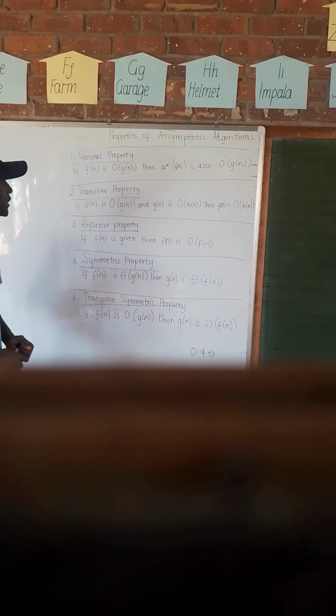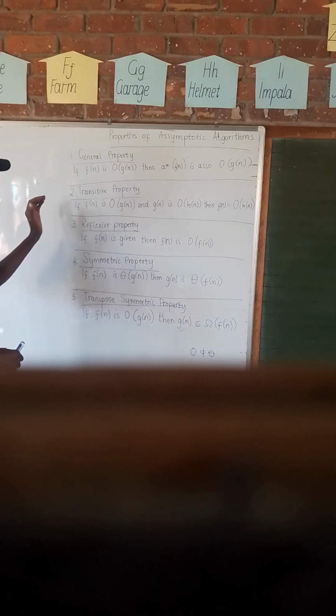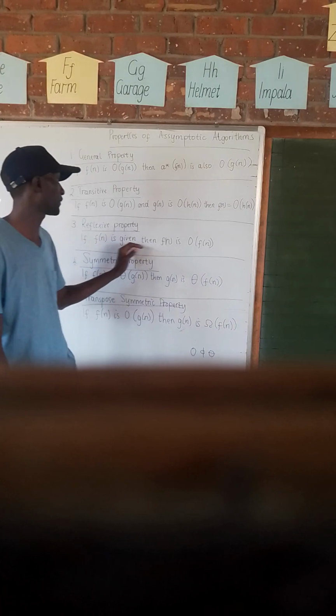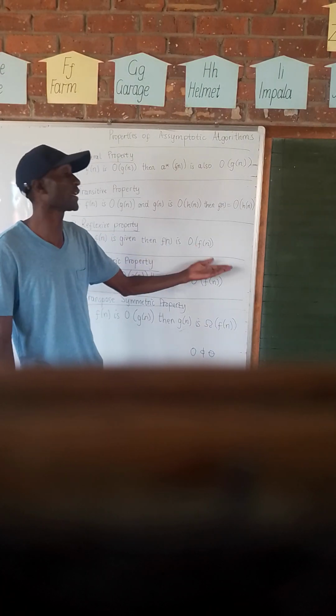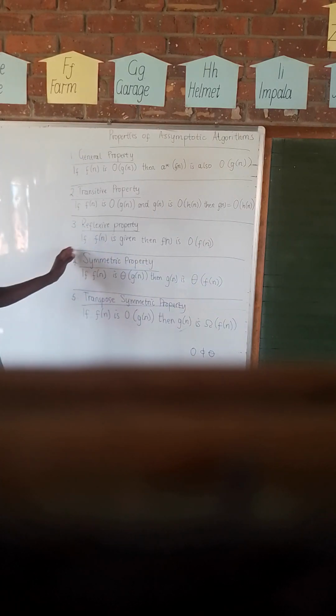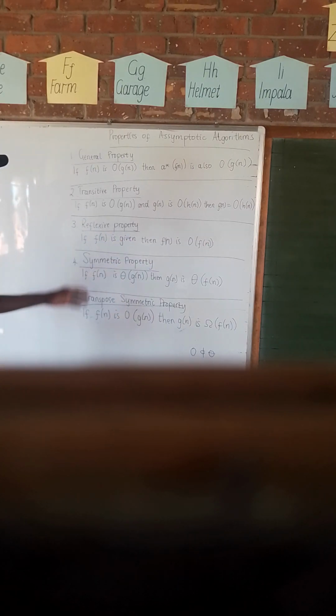That is what the transitive property states. Then the third property, which is the reflexive property. This one states that if a function is given, then f of n is O of f of n. This one is the most straightforward of all the properties.